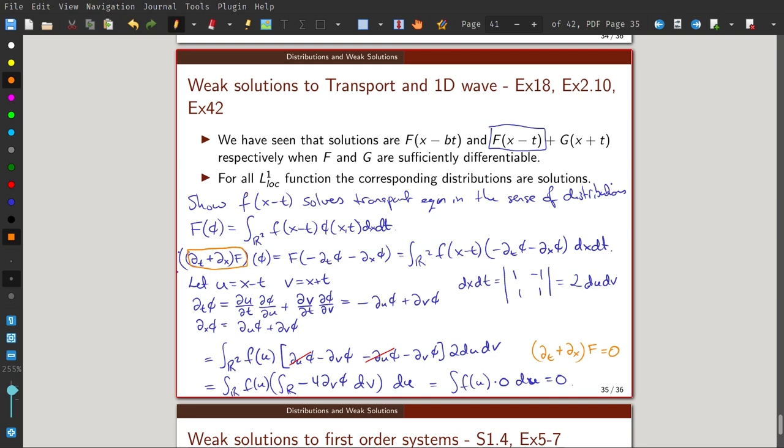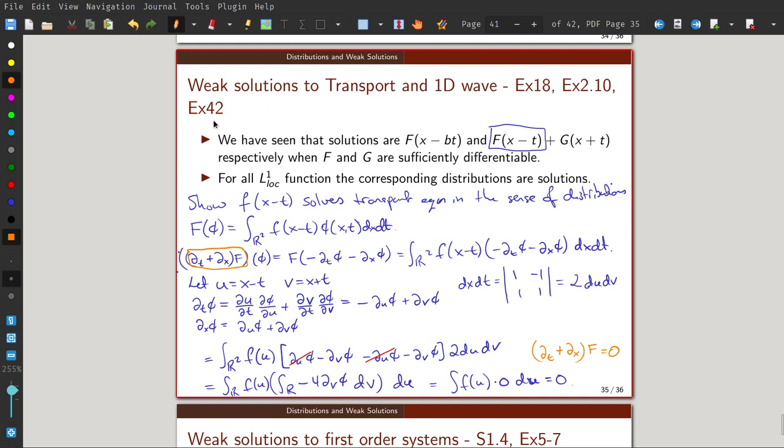If you want to go back and revisit that, those are quite technical results because we wanted to prove something even more. We wanted to find solutions to the transport equation for distributions, even when the distributions don't correspond to functions. So this distribution F corresponded to this function f of x minus t, but we solved it in even more generality in these two exercises.